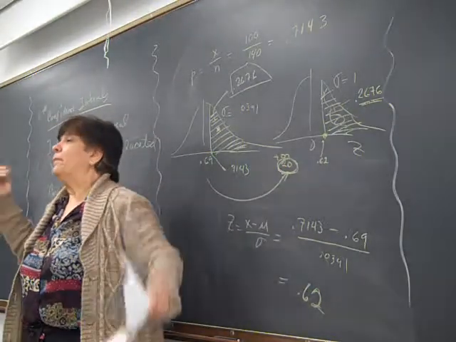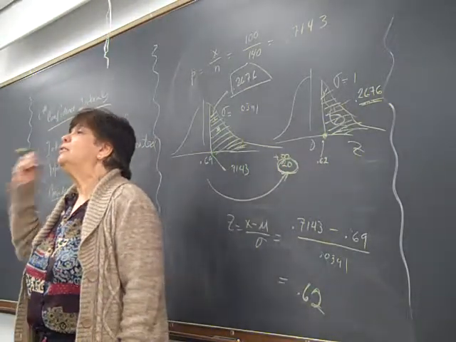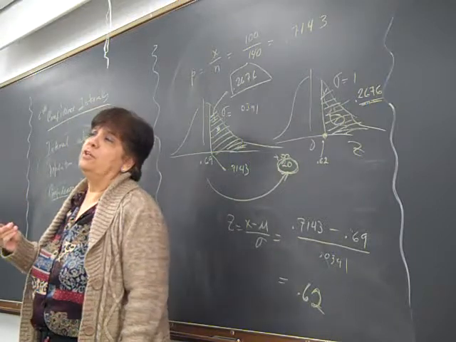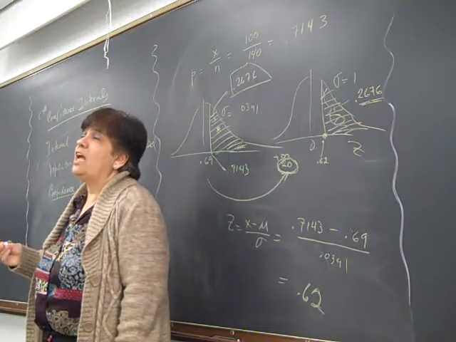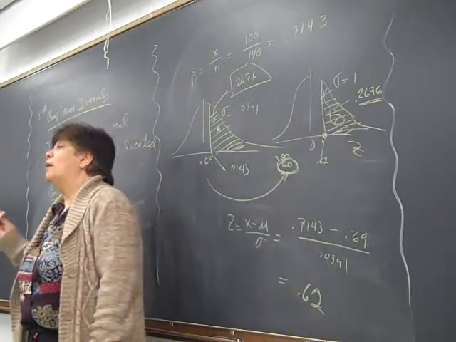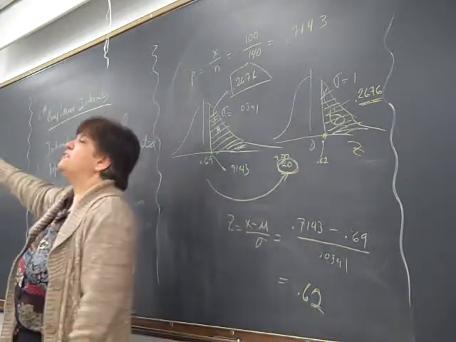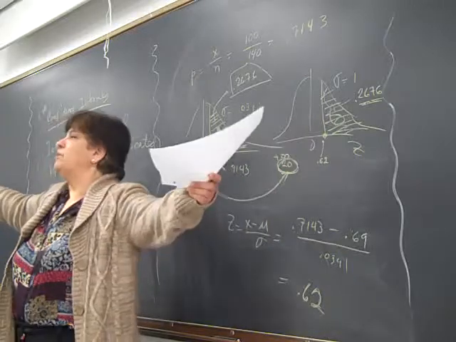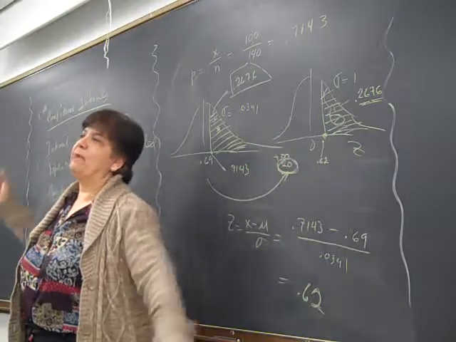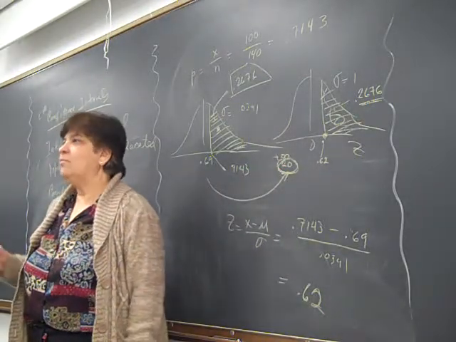Okay? But if I want to be completely sure, 100% sure, I have to say that the real population parameter is between negative infinity and positive infinity. Somewhere in between. I'm positive about that. Okay? But we don't do that.